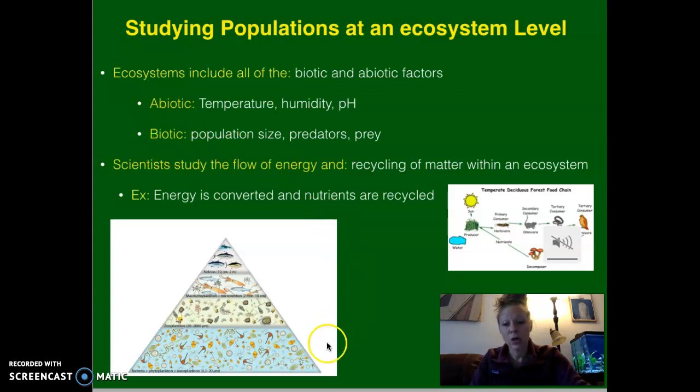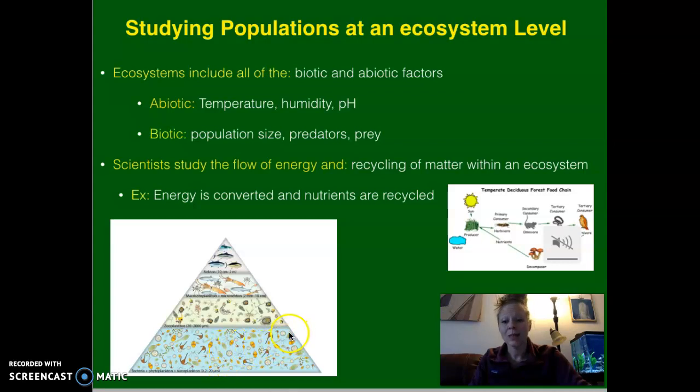So here we know that all of our energy comes from the sun. Producers are going to photosynthesize, and all of the energy in an ecosystem starts right here at the base with our producers. This looks like an aquatic ecosystem. Our primary consumers are going to eat those producers.